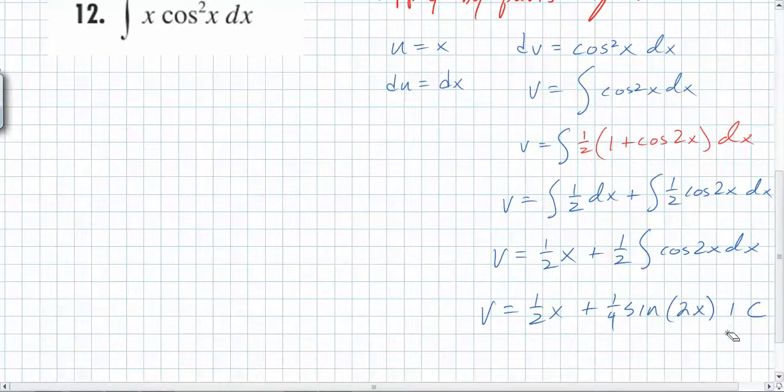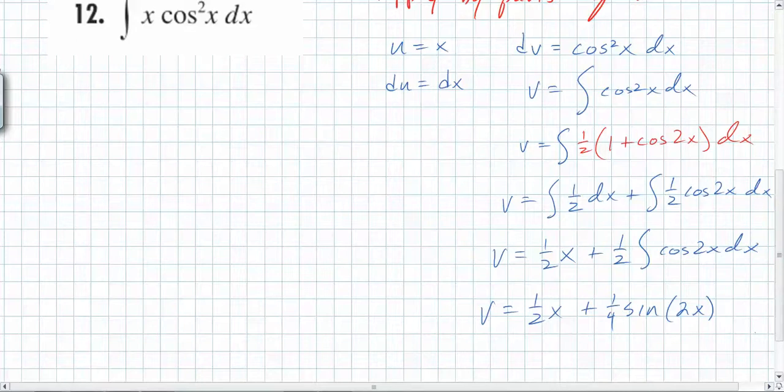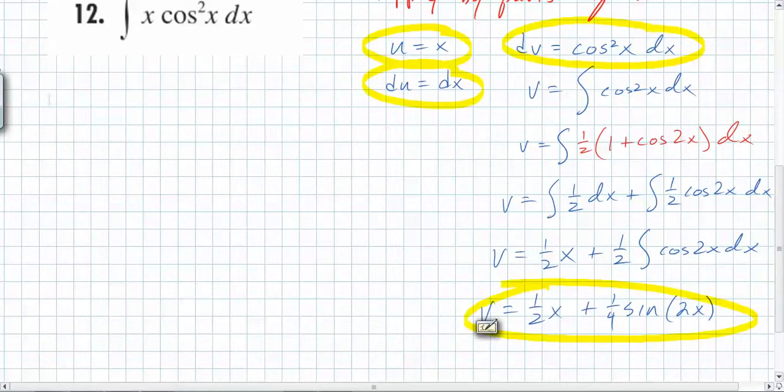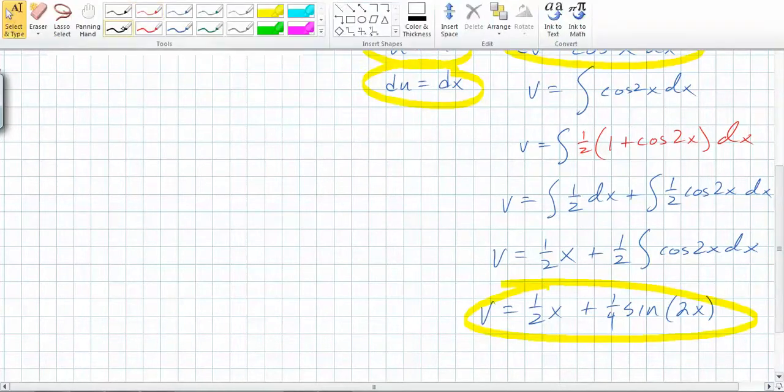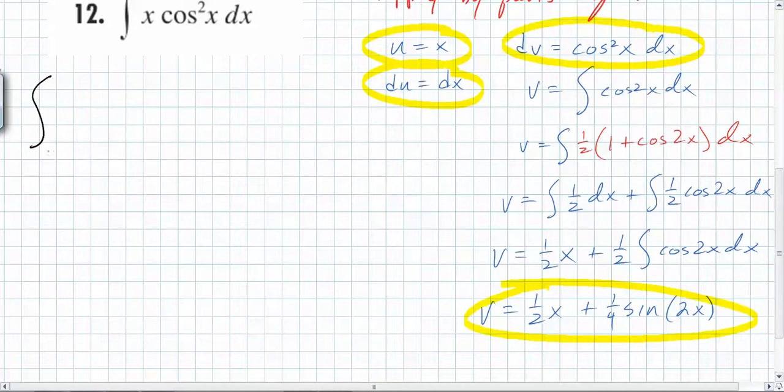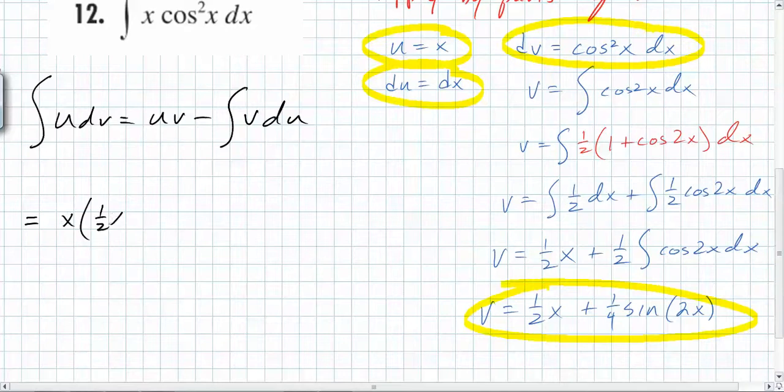It's okay, not here, it's fine, but yes, you're absolutely right. So we know the integral of u dv is equal to uv minus the integral of what? V du. Exactly. So we know our integral is going to equal u times v, so it's going to be x times (1/2 x plus 1/4 sine of 2x).